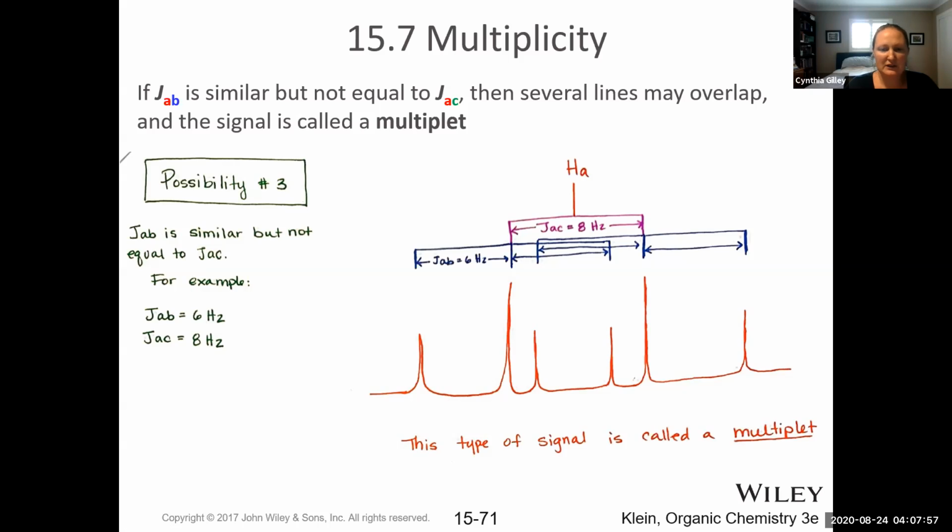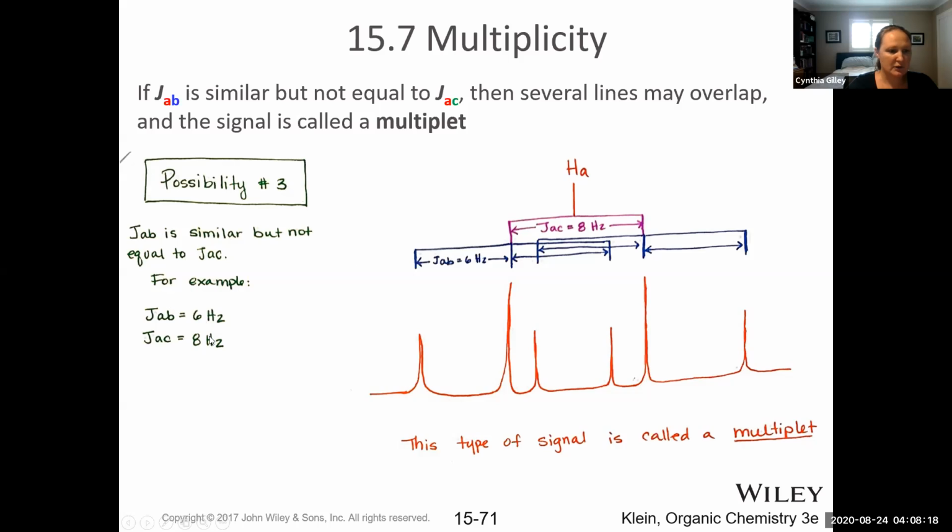A multiplet is just a series of peaks that doesn't have a simple pattern. So by default, it's called a multiplet. Okay, so if JAB is similar but not equal to JAC, perhaps JAB is 6 hertz and JAC is 8 hertz. They're similar, right, but not exactly the same.